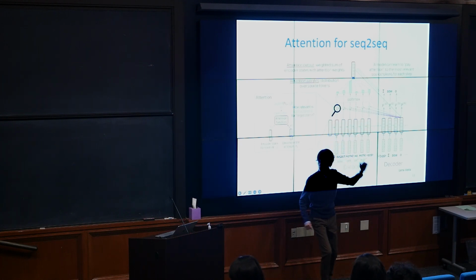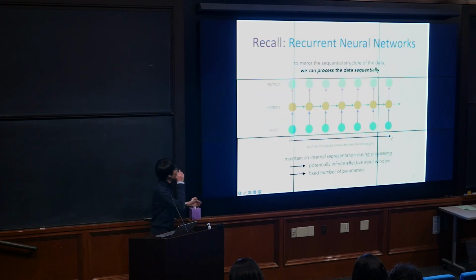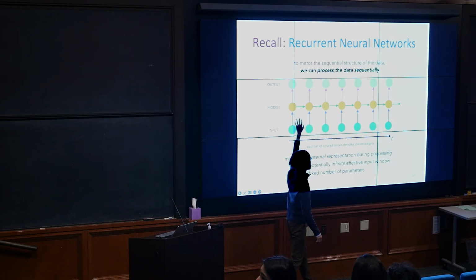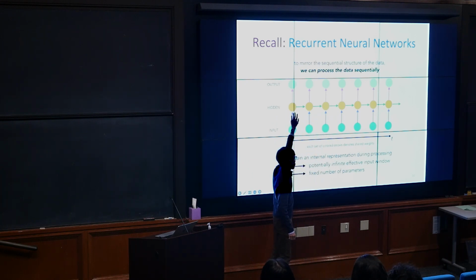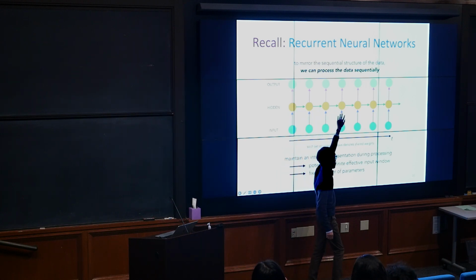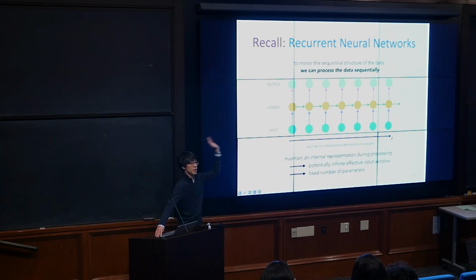So if you recall during our RNN lecture, each of these aren't different layers. This is the same thing, and then we're just applying the same thing to each token in the sequence, just with some hidden state transitions in between. So an RNN input can be as long as you want. Does that make sense? Okay.